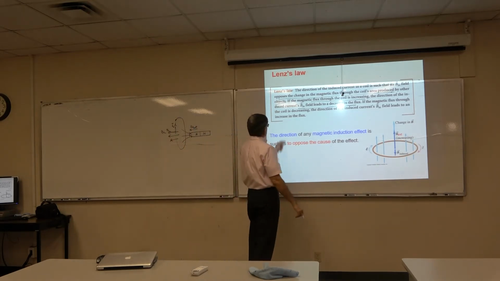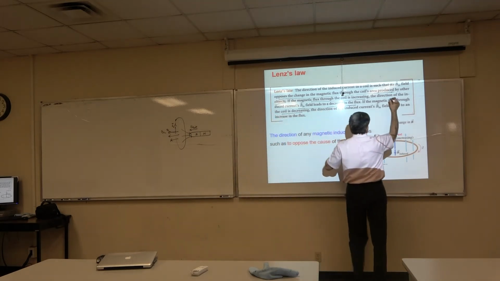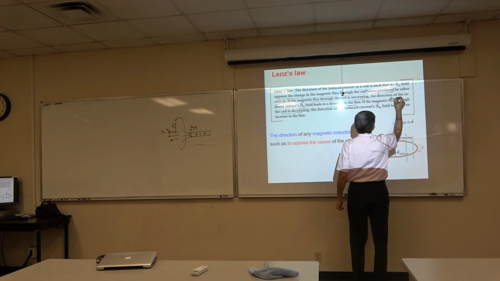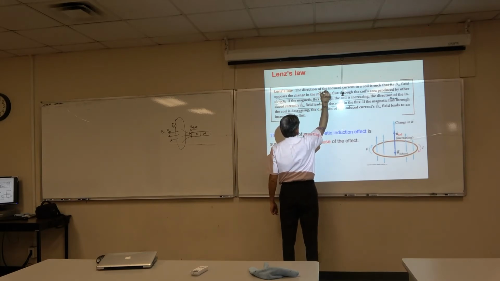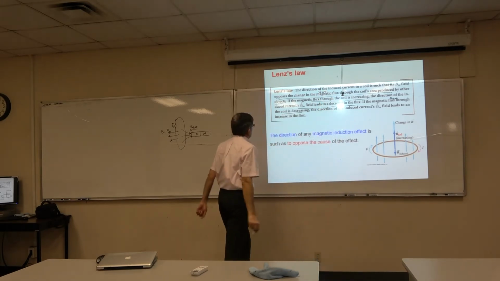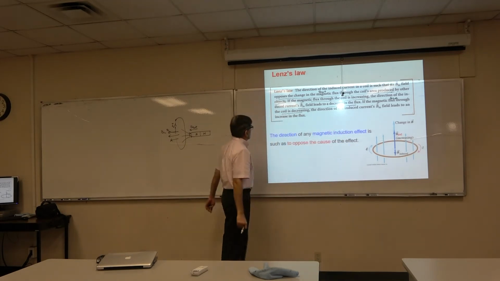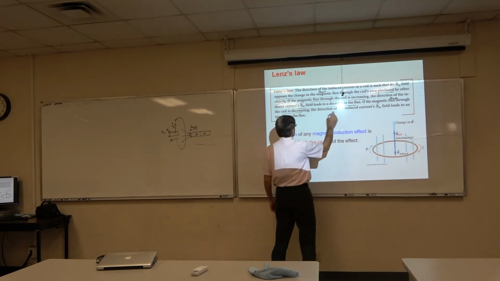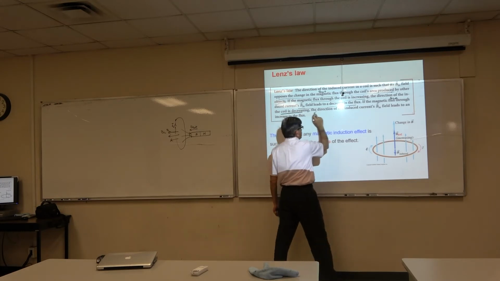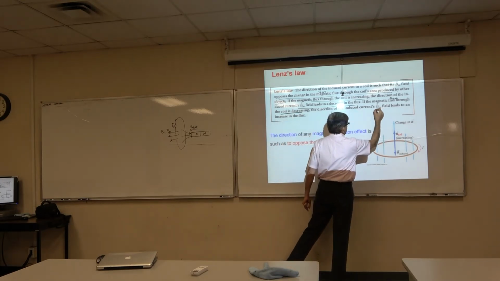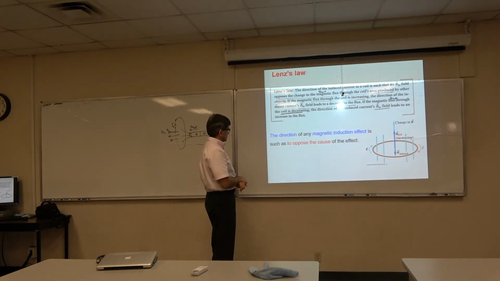If the magnetic flux through the coil is decreasing due to the external magnetic field, then the induced magnetic field, which is due to the induced current, will increase the flux. Here, if the magnetic flux due to the external magnetic field is decreasing, then the direction of the induced current will be such that the induced magnetic field leads to an increase in the flux.